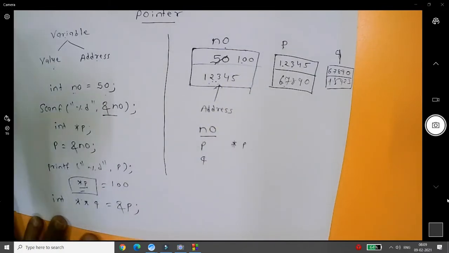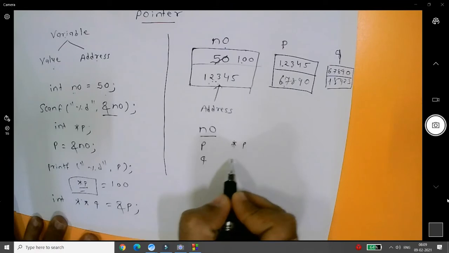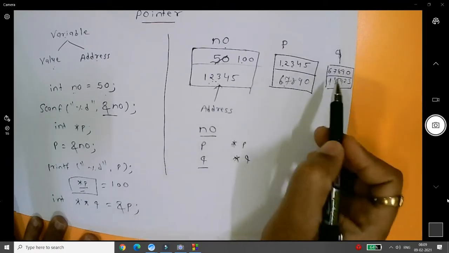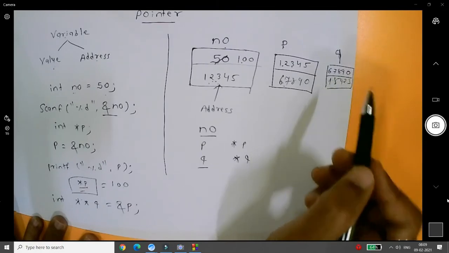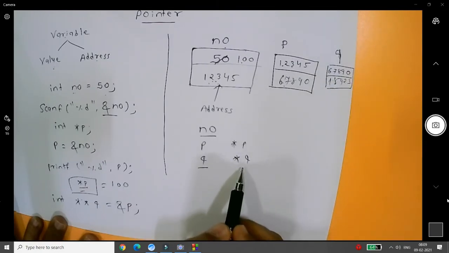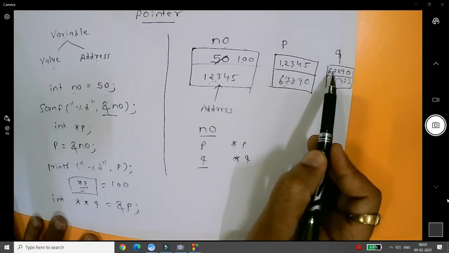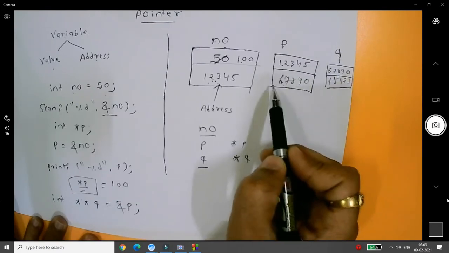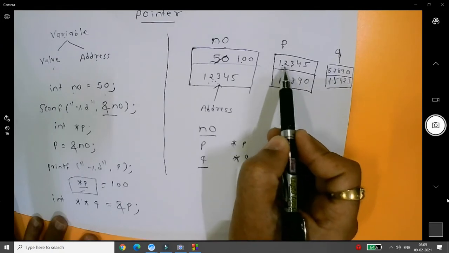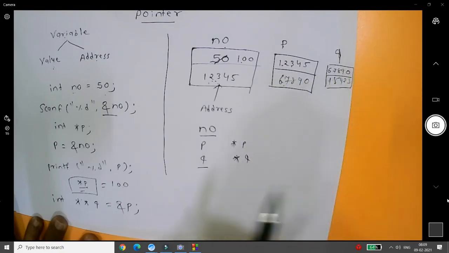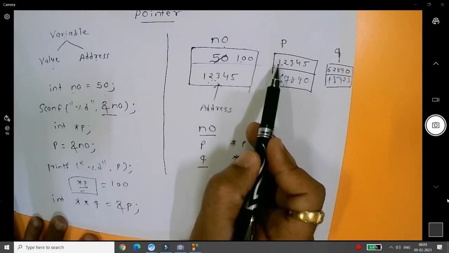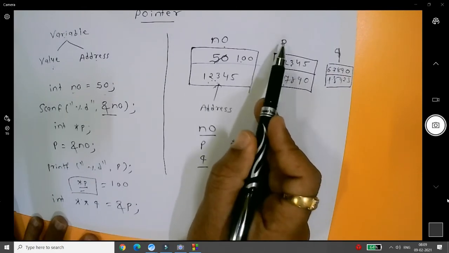Now the wonderful thing is, whenever you write q, it will simply print the value of q. But whenever you write *q, it will print the value stored at this address. 67890 is this, and at this address the value stored is 1, 2, 3, 4, 5. So whenever you write *q, it will print the value of the pointer, 1, 2, 3, 4, 5.